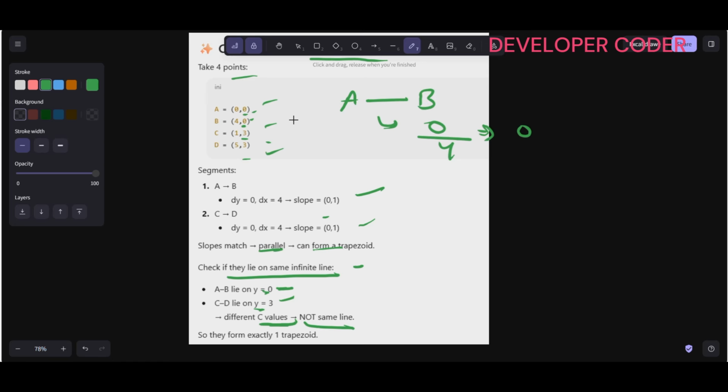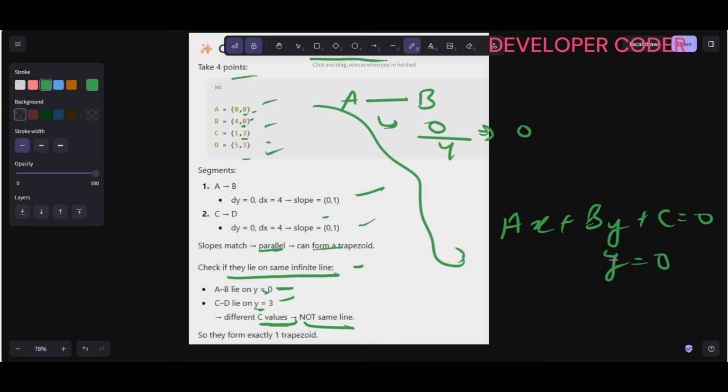So here actually if you write it like this, ax plus by plus c, so in the first case you are going to get y is equal to 0, so a is equal to 0, this is 1, and this is 0, right? And in the next case when you are going to get y is equal to 3, in that case 0, this will be 1, and this will be, I think, minus 3, right? So both things are different, right?